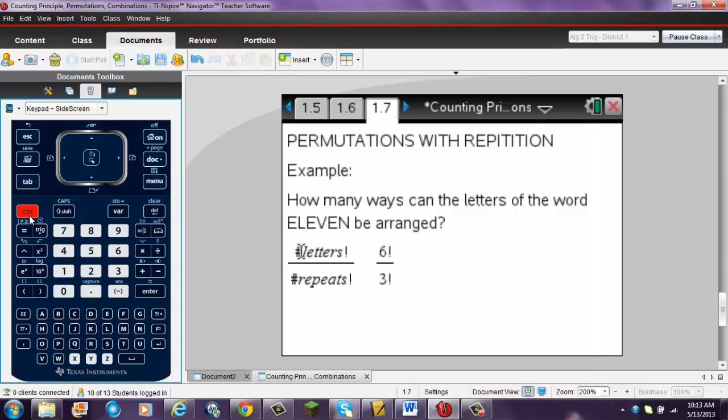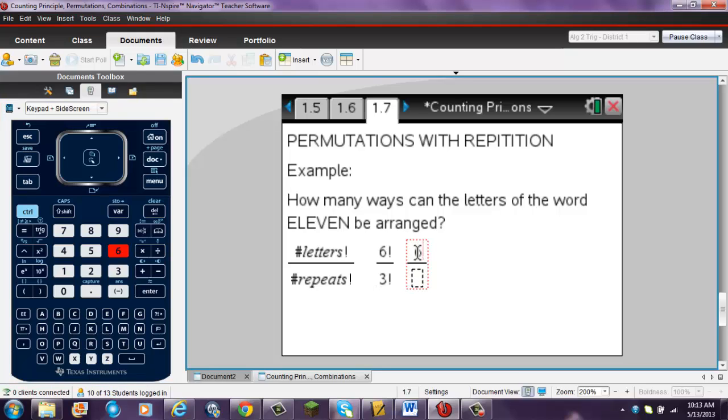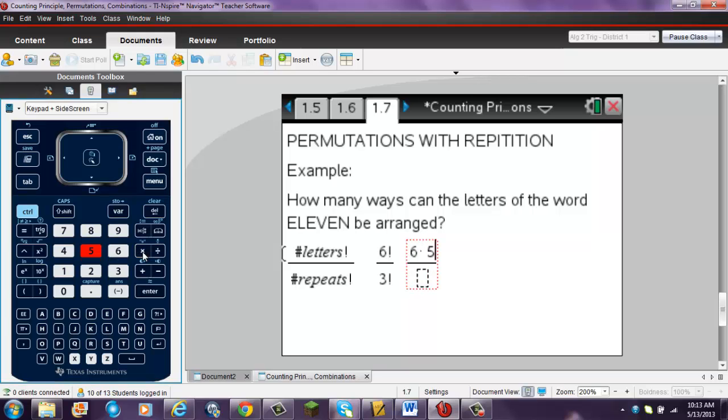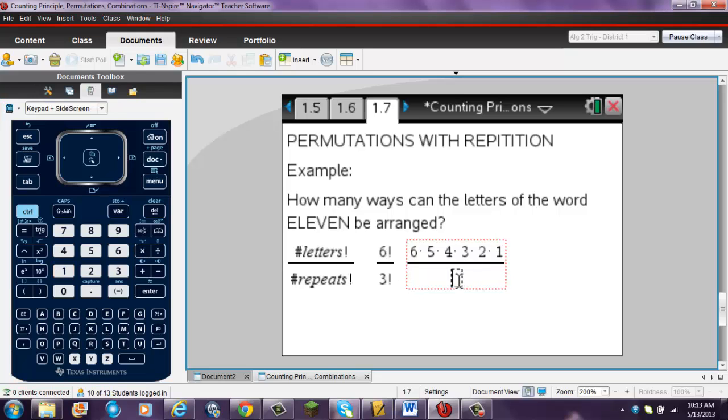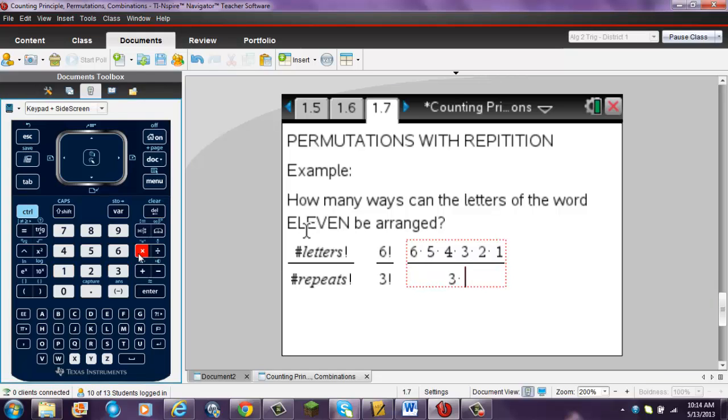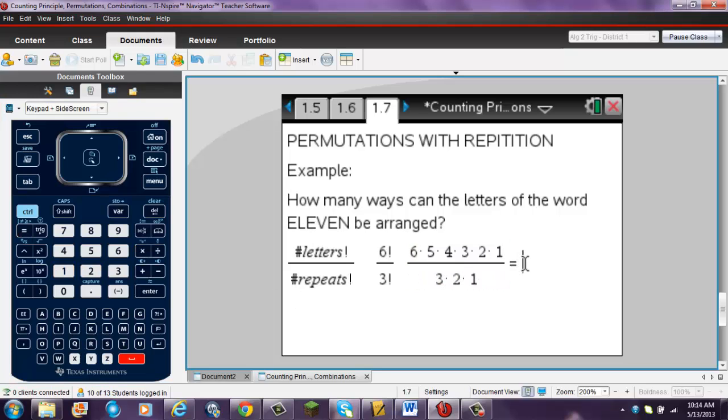They mean permutations, essentially. You start at 6 and multiply down all the way to 1. And for 3 factorial, you start at 3 and multiply down to 1. And when you do that, you get 120 possible ways to arrange the letters in the word "eleven".